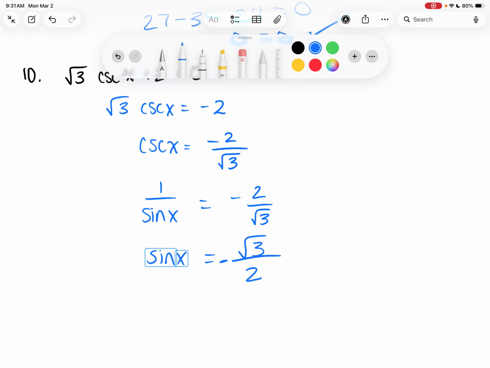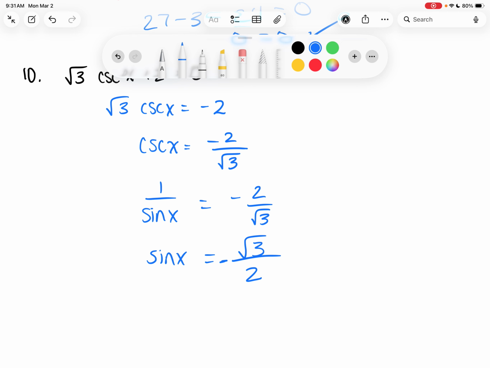Now what I'm going to do is almost like an inverse, but it doesn't follow the same rules as when we were doing the inverses, where it can only be on the right side for sine and all those things. I'm going to look at my unit circle and ask where the sine of x is equal to -√3 over 2.